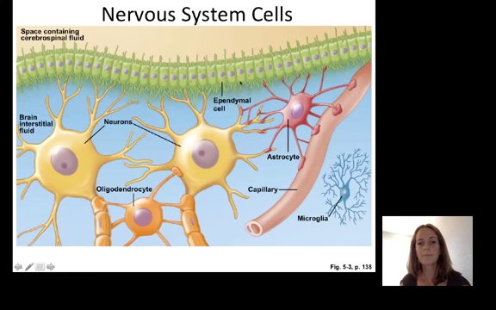So here is just an overview, a reminder of these nervous system cells. You have the neurons, which are these large branching cells, and we're going to do the neuron anatomy again to remind you guys. And then surrounding the neurons, depending on where you are in the brain or spinal cord, you will have various glia nearby supporting. So here's an astrocyte, there's a microglia, oligodendrocyte, ependymal cells. Those are going to be supporting the nervous system, the neurons, in various ways.